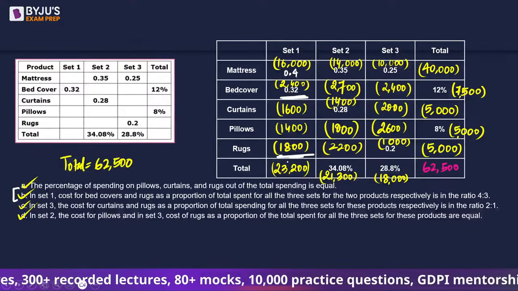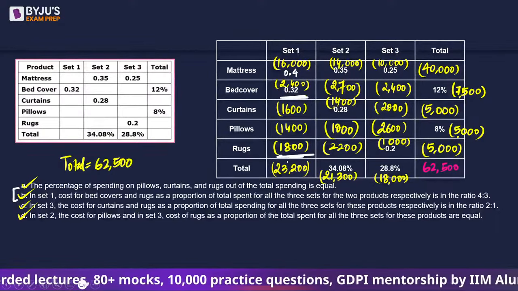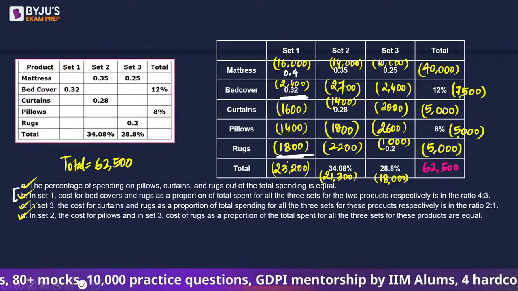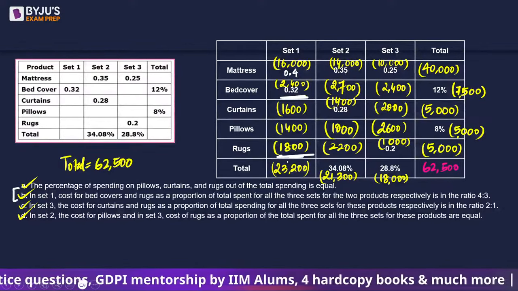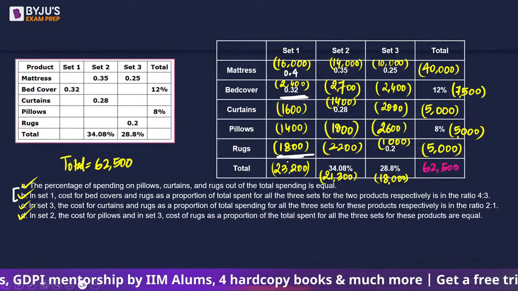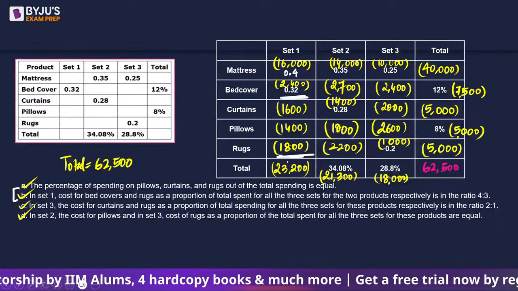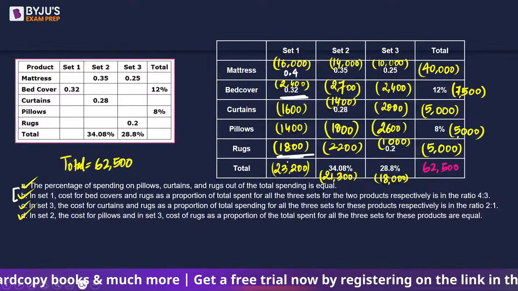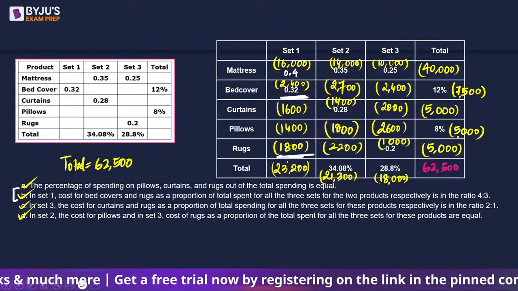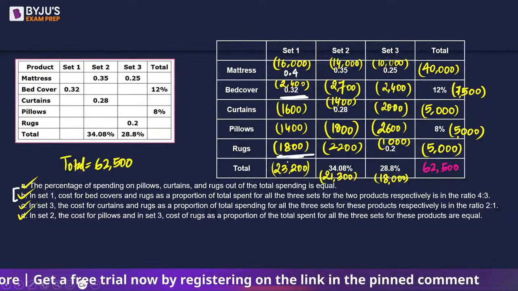Okay, if that is 32, as in 0.32, 2400 corresponds to 0.32. Okay.